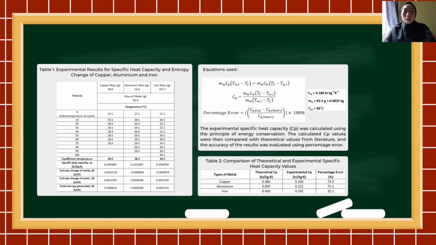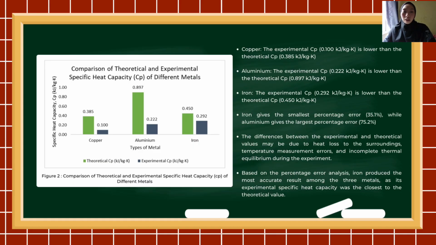Okay, so this is the graph comparison of the theoretical and experimental specific heat capacity Cp of different metals. For copper, the experimental Cp, which is 0.1 kilojoule per kilogram Kelvin, is lower than the theoretical Cp, which is 0.385 kilojoule per kilogram Kelvin.